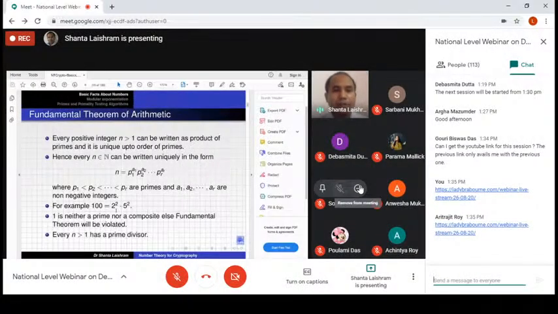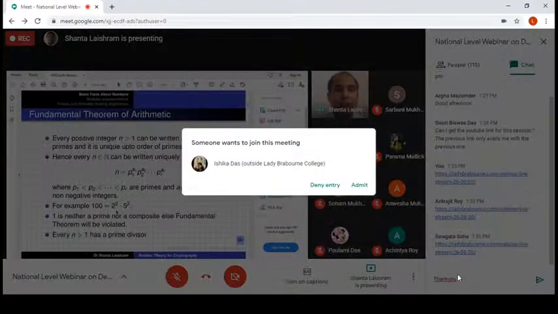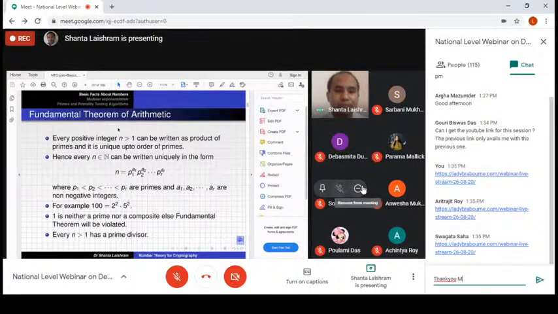You can write, for example, 10 as 2 times 5, then 1 times 2 times 5, 1 squared times 2 times 5, 1 cubed times 2 times 5. So you can write any power of 1, and that would violate the fundamental theorem of arithmetic. That's why we don't take 1 to be either a prime or a composite.